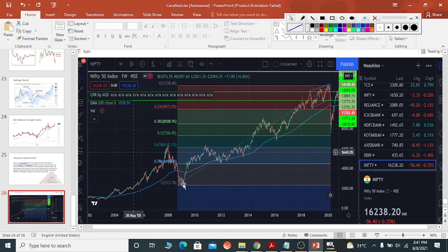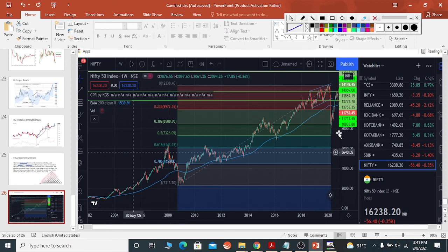So from 2009, the price had gone up. There were corrections, I'm not saying there were not, but not very major corrections, and it was always going up. So when the market crashed over here, generally when the market is going up straight without any major corrections, a crash is expected after some time, and when the price crashes, it will correct by a minimum of 50% or even 60%.